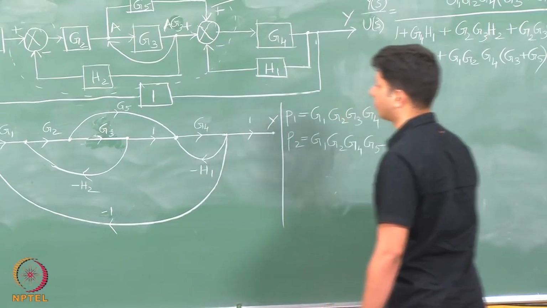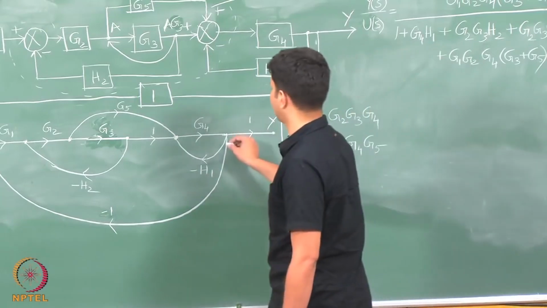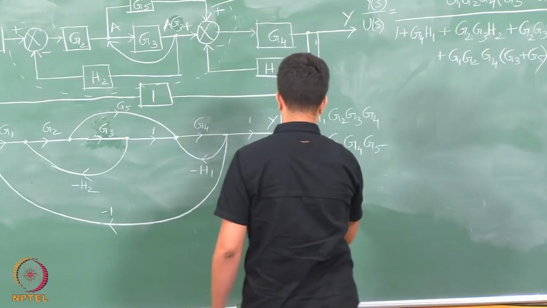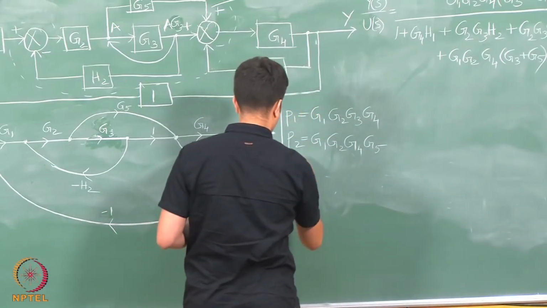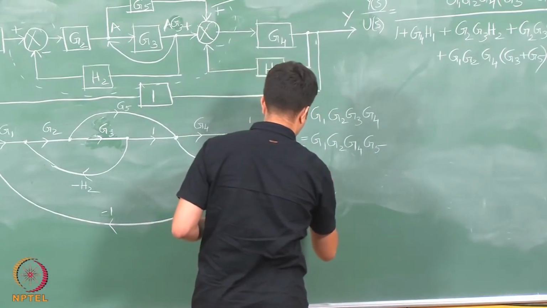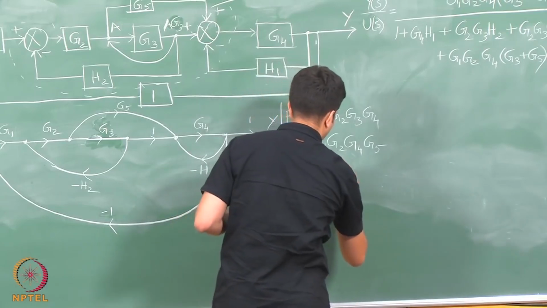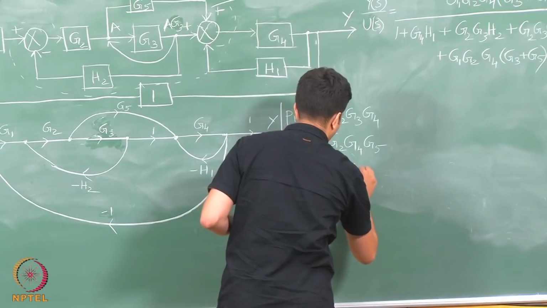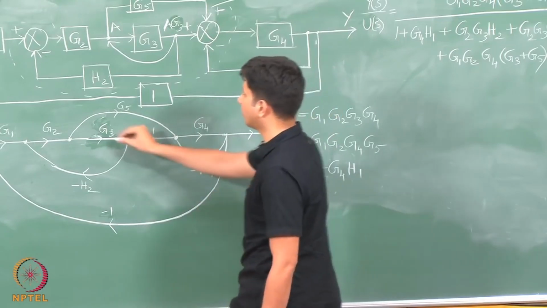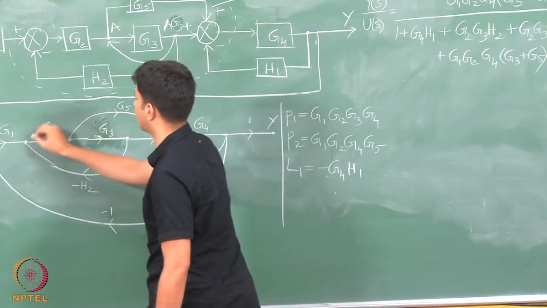Now, what about the loops? One loop is this. And another loop is G2, G3 with minus H2.